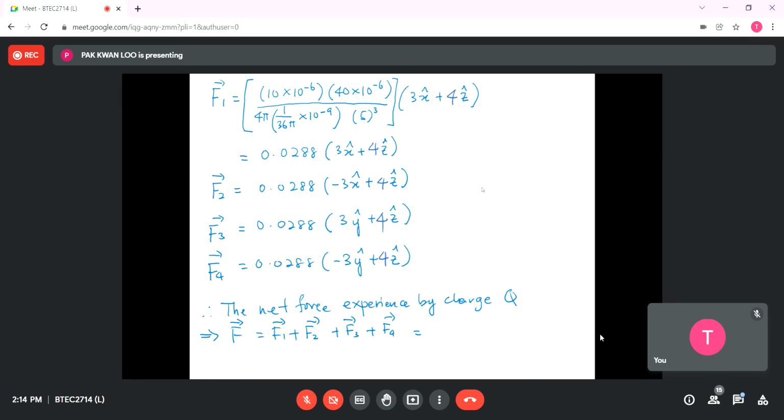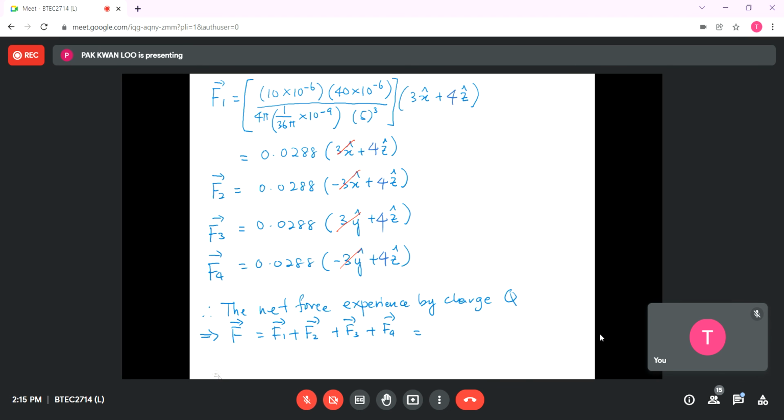Okay, so now we are going to sum all the forces. Here we can see that the negative component of x in F1 and F2 will be cancelled off if we add F1 and F2 together. Similarly, for F3 and F4, the y component will be cancelled off.